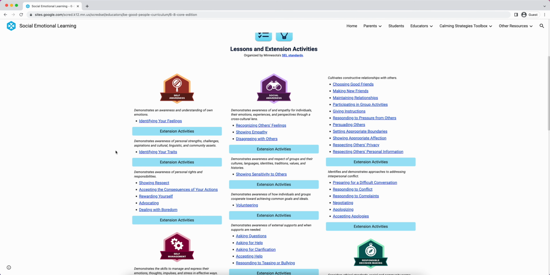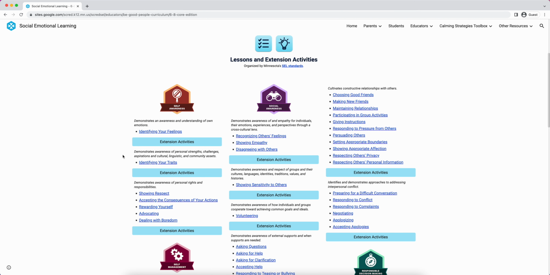The one thing I wanted to mention is that those three ingredients I talked about, most middle schools will go between them, rotate between them on a week-to-week basis. So you're not going to do 5 lessons in a row. You might do a lesson, then one or two extension activities, then some community building.